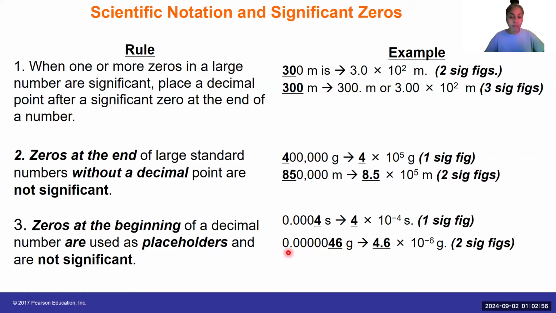I'm going to move my decimal place to the right 1, 2, 3, 4, 5, 6 decimal places, and I'm going to write that as a negative value because this number is less than 1. So I'd have 4.6 times 10 to the minus 6 grams. That represents 2 significant figures. Okay?